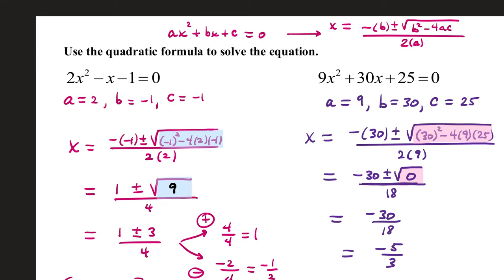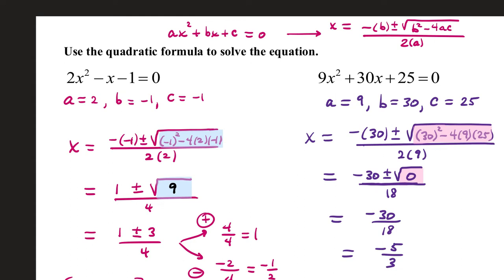Carefully substitute your values in. Negative b, sometimes you have back-to-back negatives, so it's negative b value plus or minus the square root of b squared minus 4 times a times c. I've highlighted the numbers under the square root radical because that's the discriminant.